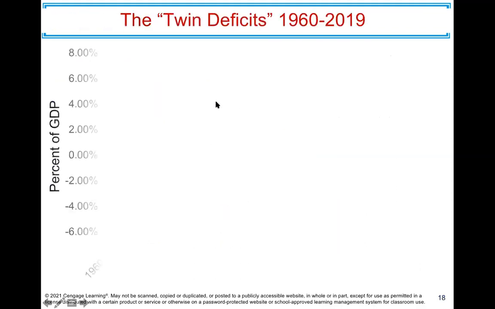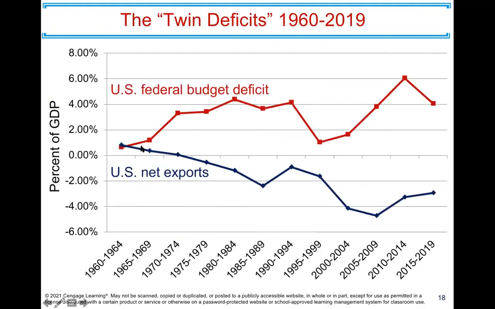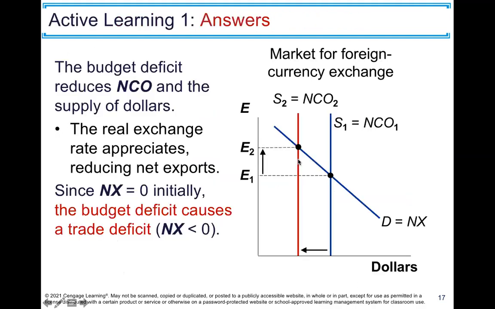So here we can see that whenever the budget deficit increases, the deficit in net exports also increases. You can see that these two things are symmetrical, more or less. Whenever we have an increase in the budget deficit, we have a decrease in net exports. And in the earlier example, we had a decrease in our deficit and an increase in our exports, and so on and so forth. So these two things go in opposite directions, and we can see that from the example we just did.